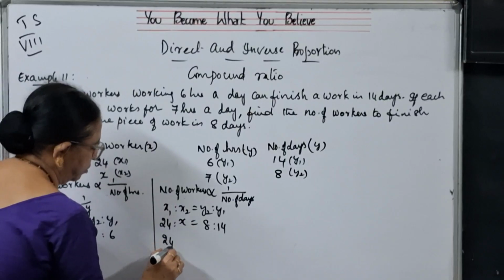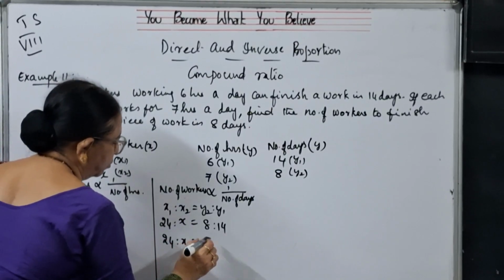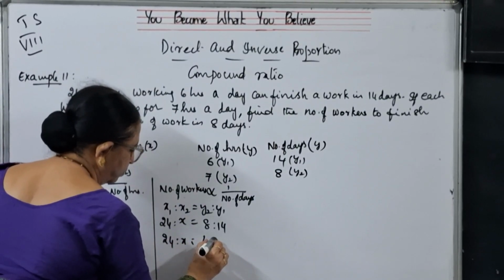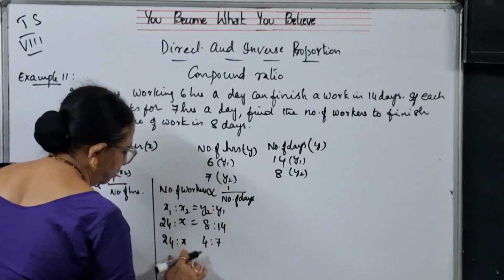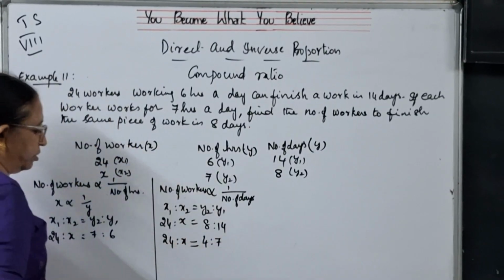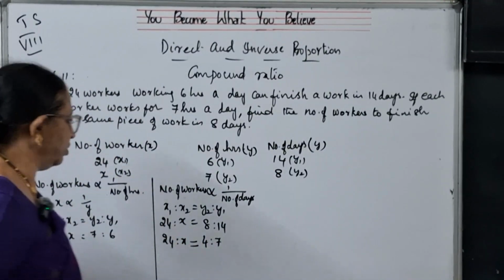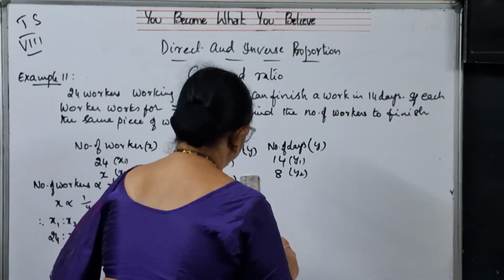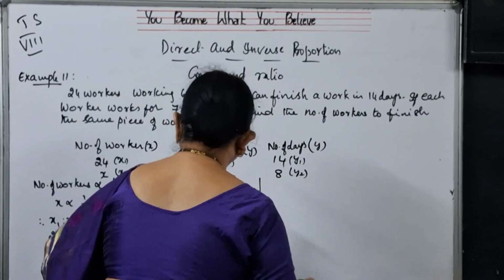That means we can simplify it further. 2 fours are 8, 2 sevens are 14. So 24 is to x is equal to 7 is to 4. So what we need to do?